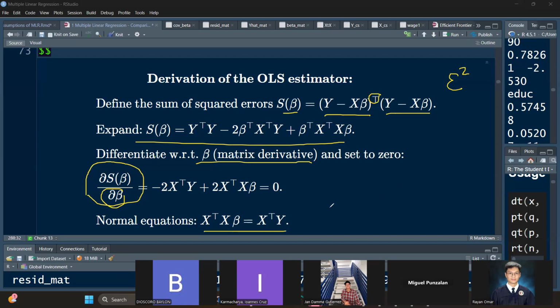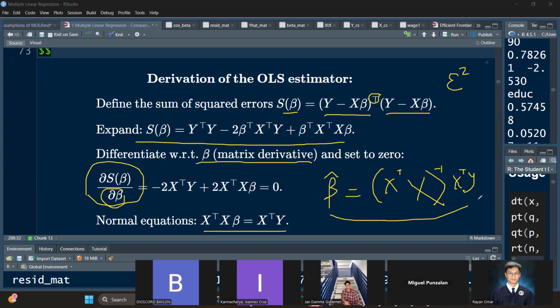Your beta hat is equal to X transpose X, inverse, X transpose y.